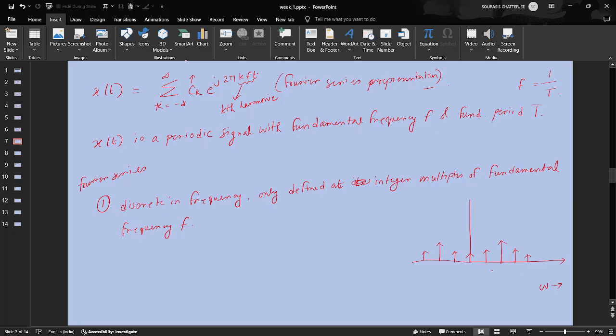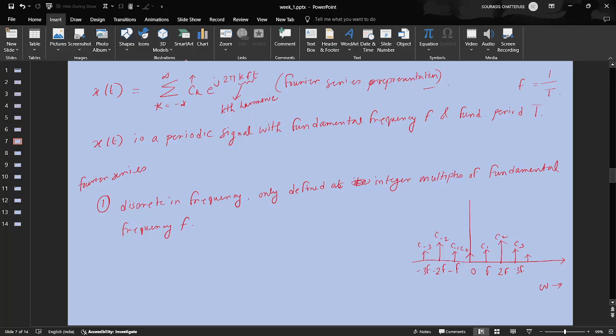So you can see this is at f, this is at 0, this is at minus f, this is at 2f, sorry, minus 2f, this is at minus 3f. So this corresponds to c0, this is c1, this is c2, this is c3, this is c minus 1, this is c minus 2, this is c minus 3. So you can see the relation between them.